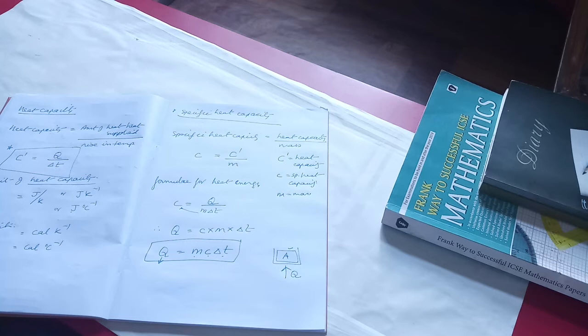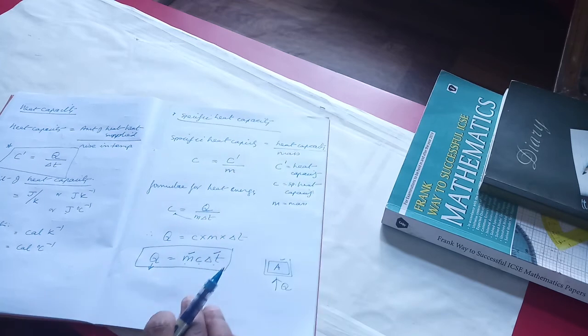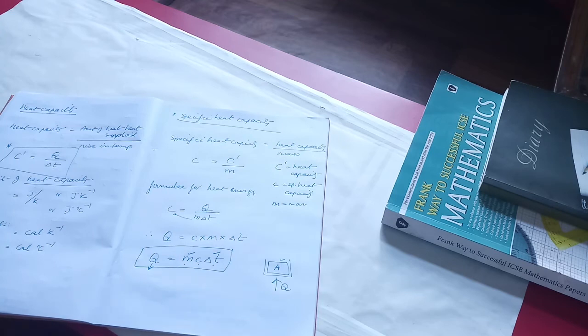Number one, the mass of the body. Number two, the increase in the temperature of the body. And the third, the material or substance of the body, that is the specific heat capacity.